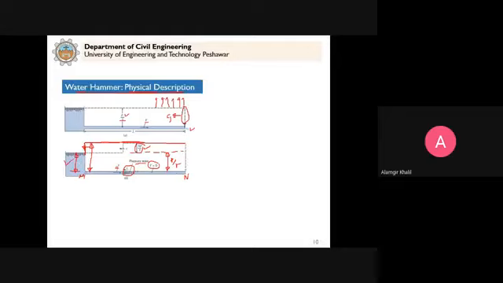Under normal condition, what is the pressure here? This one. So it cannot be more than this. So a high pressure wave has reached the reservoir, but there the pressure head cannot be more than this.